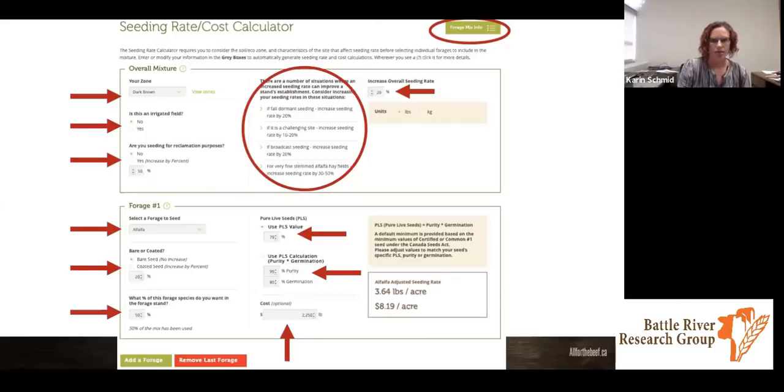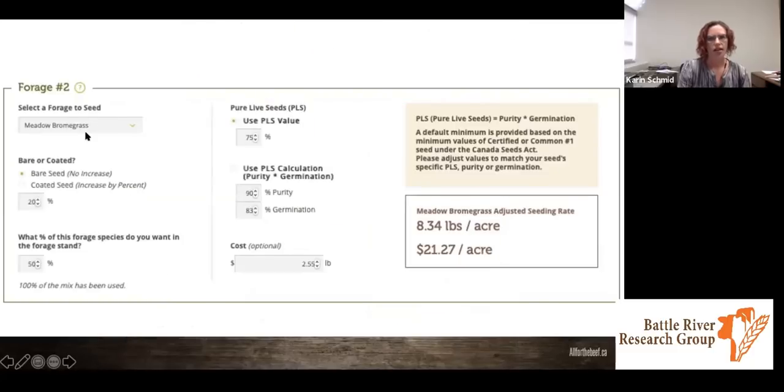Now, the next step in the seeding rate calculator, it'll give you your alfalfa adjusted seeding rate as well as the cost per acre. And then I'm going to add a forage because I need to make up my other 50% of the mix. So in this case, I selected meadow brome grass, very similar selections here, used a PLS value of 75% and a cost of $2.55 per pound.